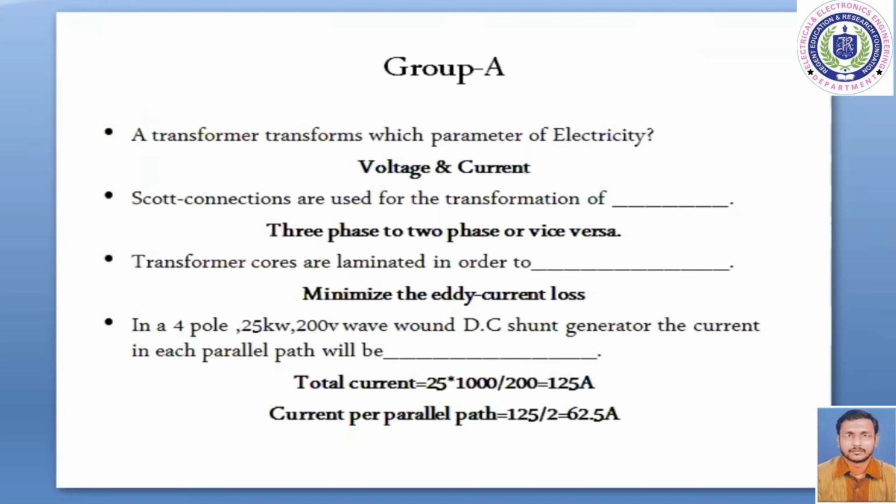The first question is, a transformer transforms which parameter of electricity? For answering this question, you have to recall the definition of the transformer. The transformer is a static device which transfers electrical energy from one circuit to another through the medium of magnetic field, but without change in frequency.